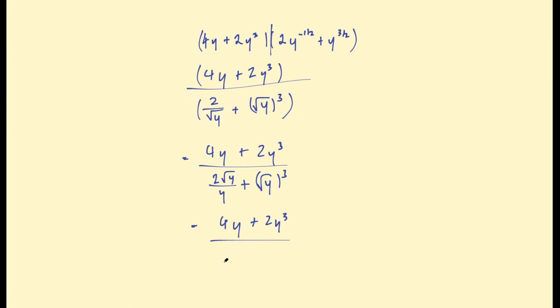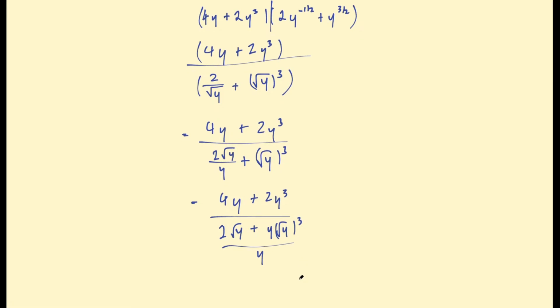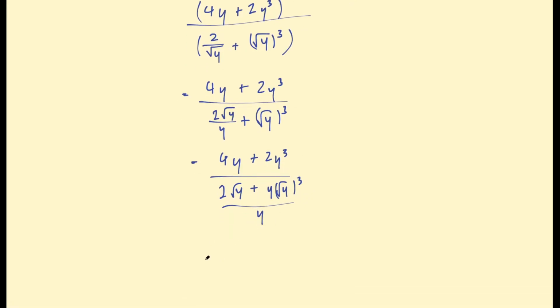Combine these together, this would be 2 root y plus root y cubed, y root y cubed on y. Okay. And then flip and multiply, so this would be 4y squared plus 2y to the power 4 on 2 root y plus y root y cubed.